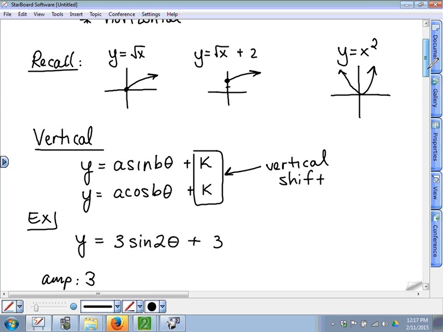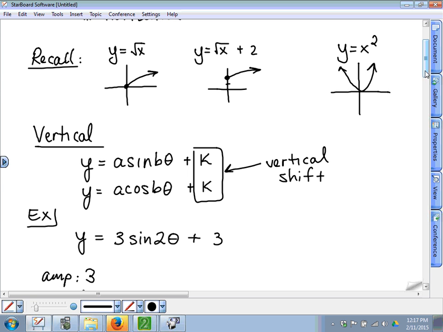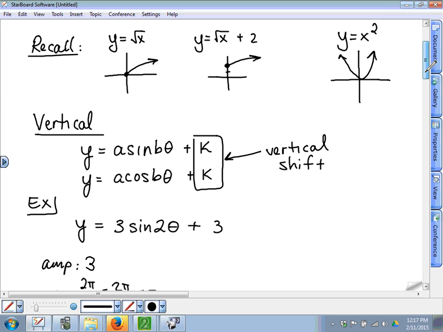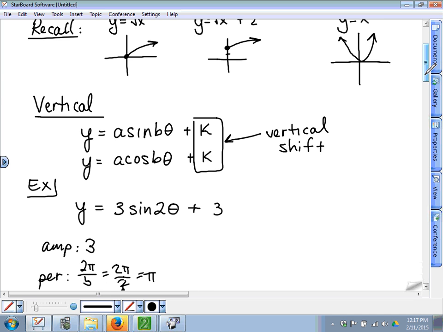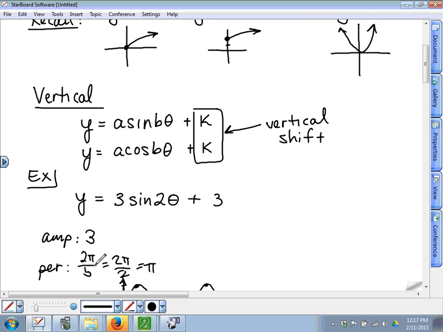And you find the period the same way. It's the same formula, which is, well, for this one it turns out to be pi, but what's the formula? 2 pi over b. But in this case, it's 2 pi over 2. The 2's cancel, so we have a period of pi.